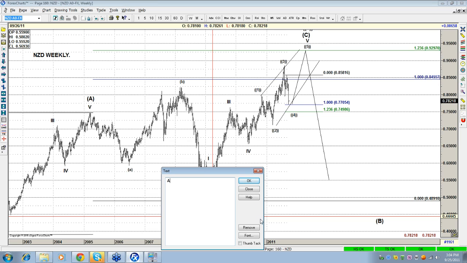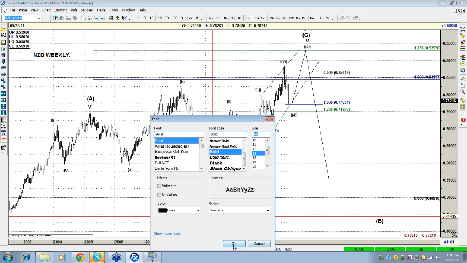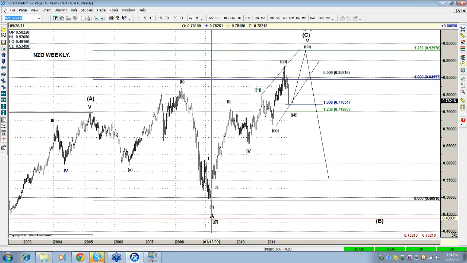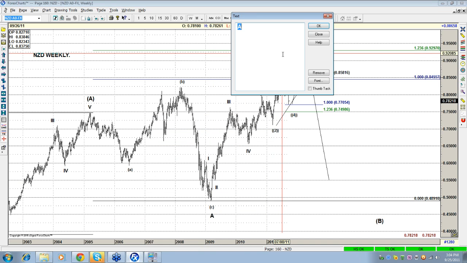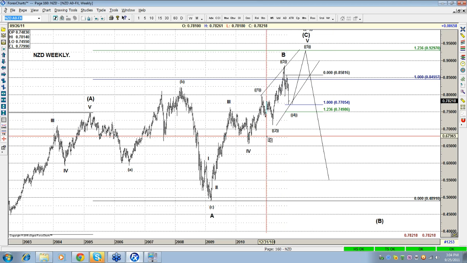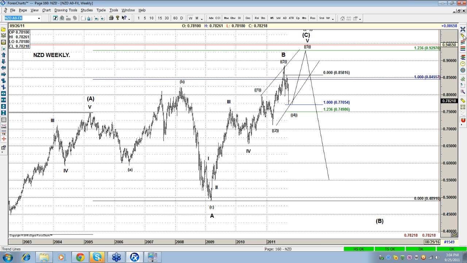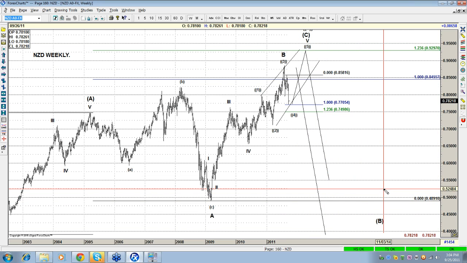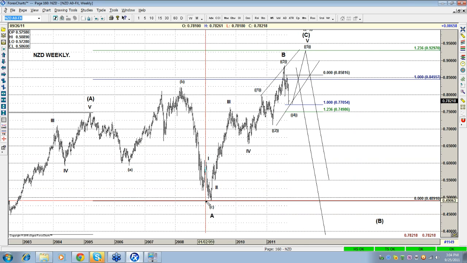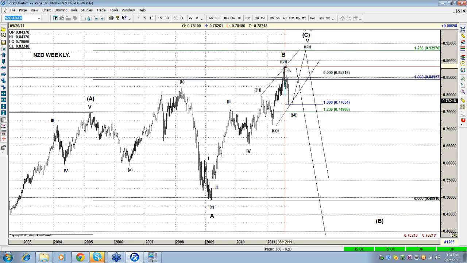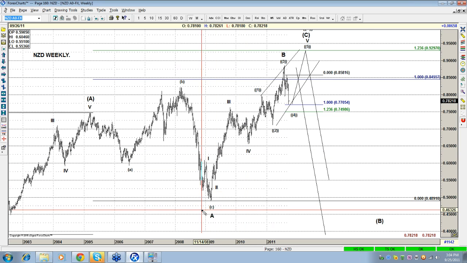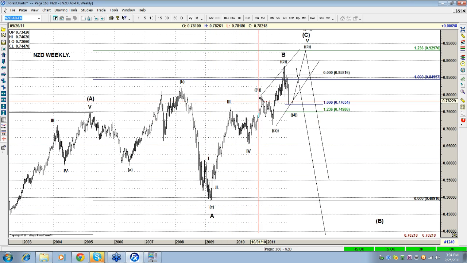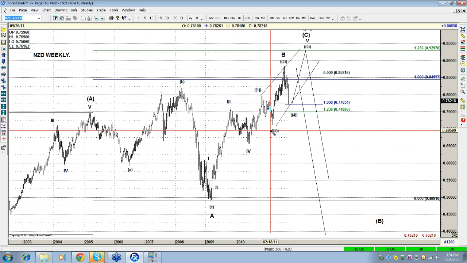Forget about the labeling, the degrees now. I want to make something different. When this is A and then this is B, and then you're going lower in five waves in New Zealand. And that way you don't need to be at 5, and then you get from the lows 1, 2, 3, 4, something like that.